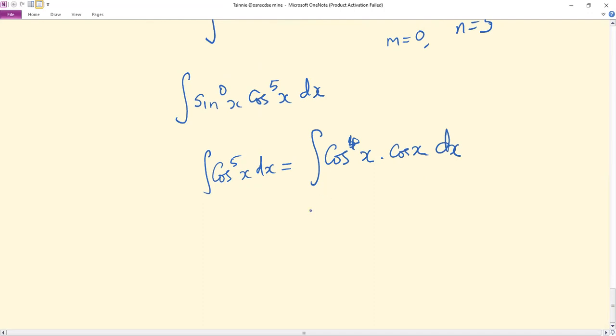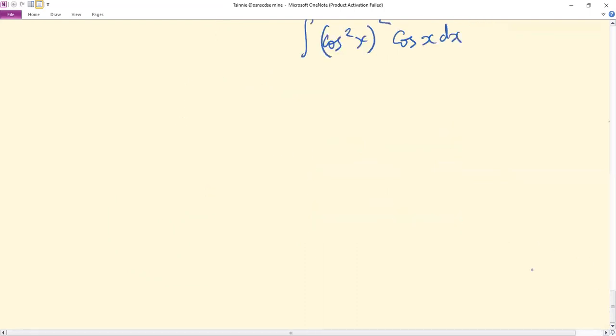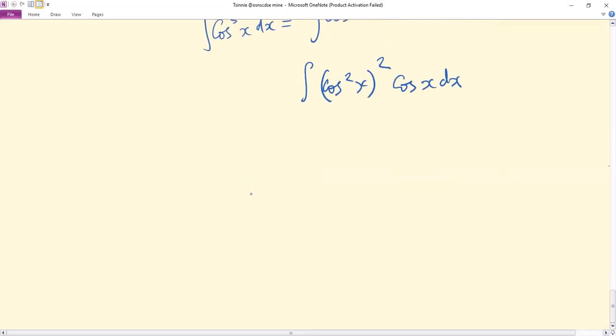And then remember, cos power 4 can be written as cos squared x, squared, and then this you multiply by cos x dx. And you see cos squared is the same as 1 minus sine squared. So this will be 1 minus sine squared x, squared, cos x dx.